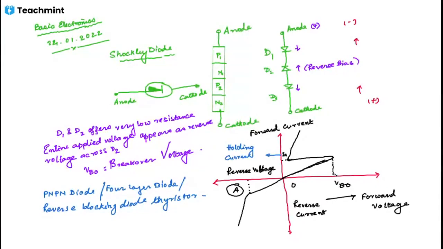Diode D2 then comes out of reverse breakdown and its high resistance value is restored. This in turn causes the entire Shockley diode to revert to its high resistance or switch open state.